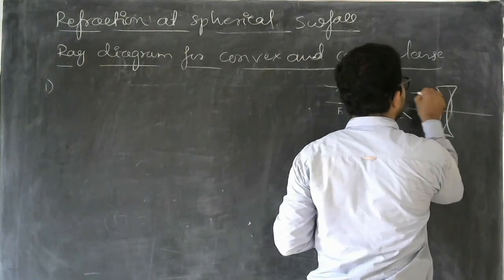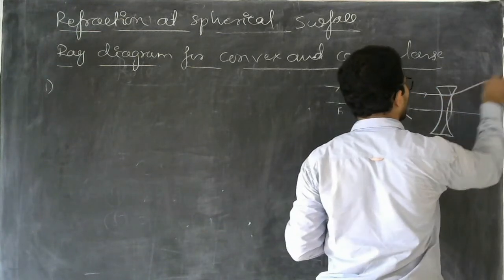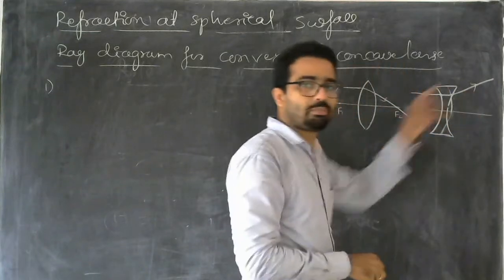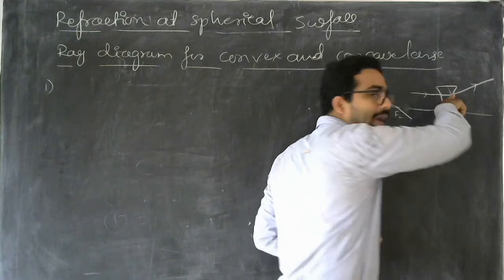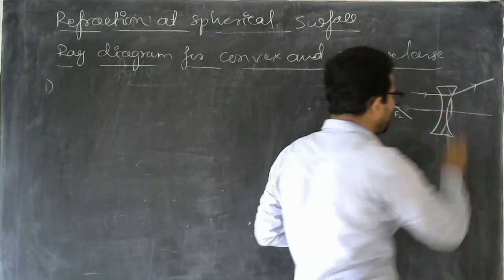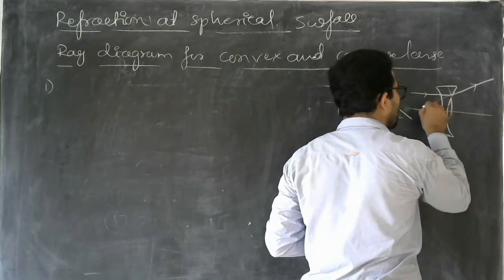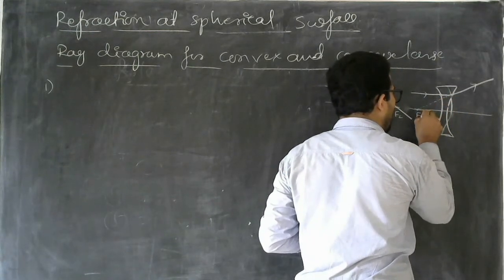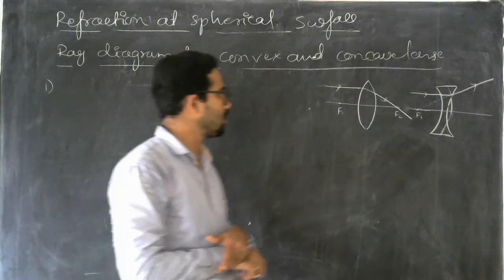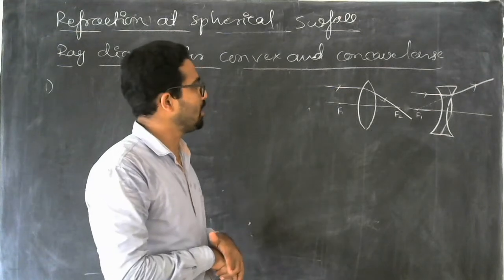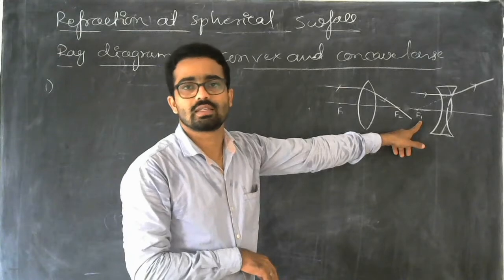If the ray of incidence is parallel to the principal axis, after refraction it will move like this. At this point it has been refracted and has changed its direction. If you extend it from that point in a backward direction, it appears as if it originated from the focus.